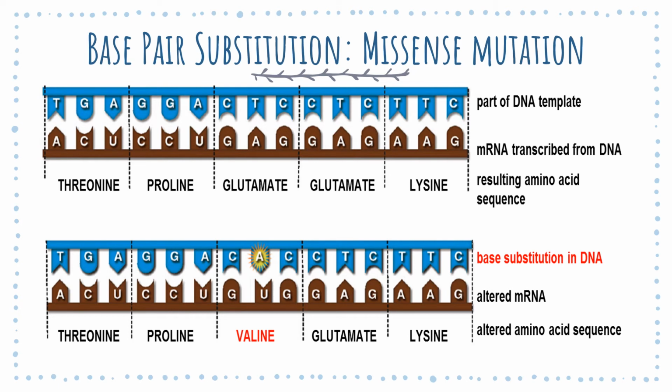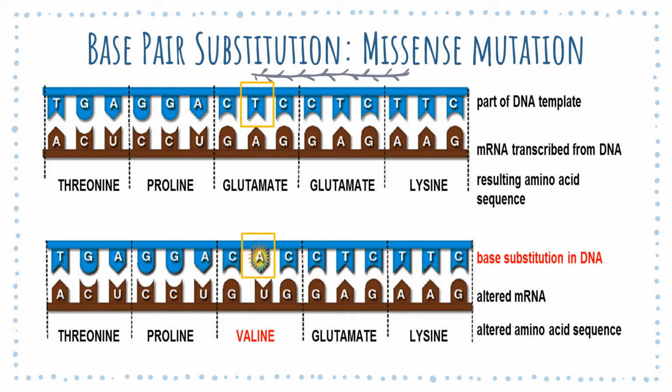The first type is a missense mutation, otherwise known as base pair substitution mutations. This mutation occurs when one letter or one nucleotide from the original DNA sequence is replaced with another letter.